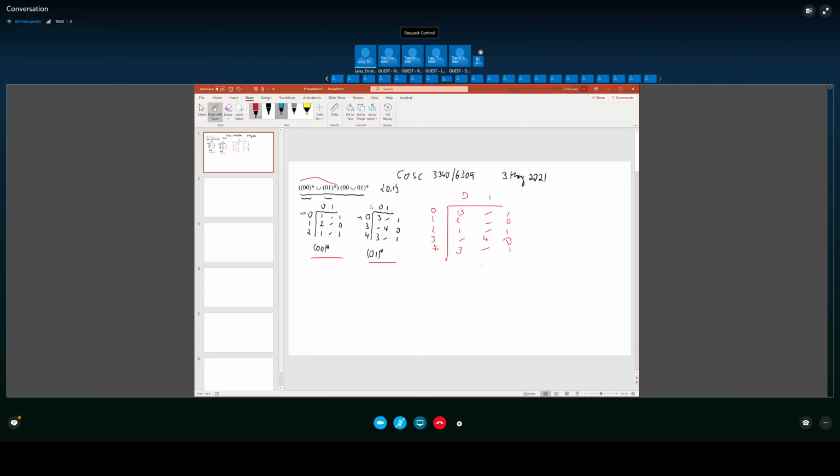That's the first parenthesis. Then you do the second union, which is basically 0, 5, 6, 7.